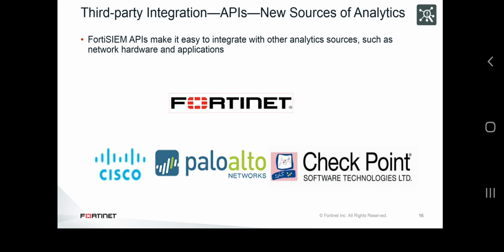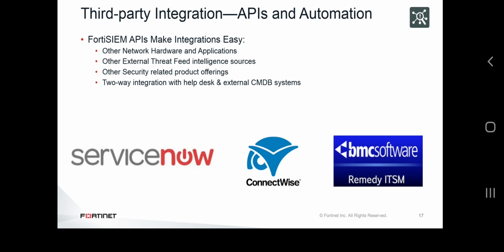FortiSIEM APIs are built to make it easy to add new analytic sources, such as network hardware and applications, including those from competing companies, such as Cisco, Palo Alto, and Checkpoint devices. In addition to the ability to gather information from outside sources of log and event data, FortiSIEM APIs have enabled two-way integrations with help desk and ticketing systems, such as current out-of-the-box support for ServiceNow, ConnectWise, and Remedy.